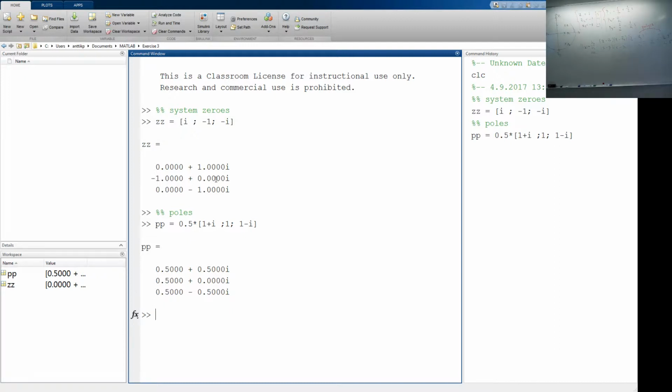Then we do some magic by calculating these corresponding coefficients. And first the numerator coefficients.